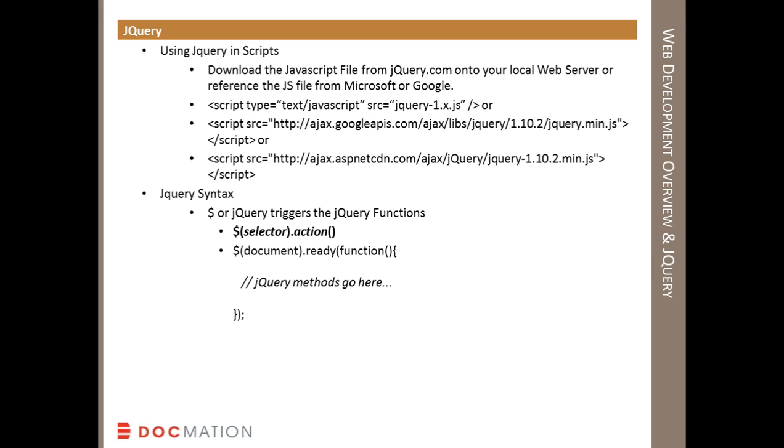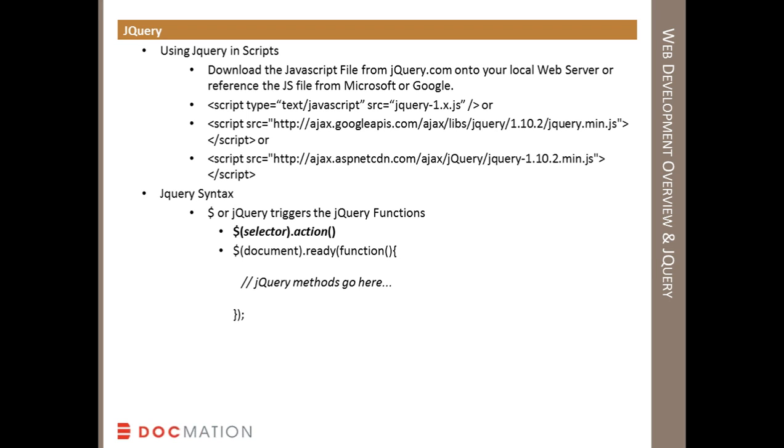In such scenarios, you have two options. One is wherever you have $, instead of $, just type in the complete word jQuery, with j lowercase and Q uppercase, and you can invoke those functions. The other way is, if it sees a dollar sign anywhere in the code and you don't want jQuery to be triggered, you have a method called noConflict that it exposes.